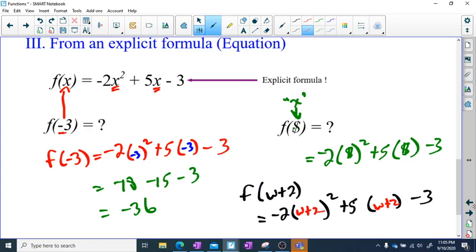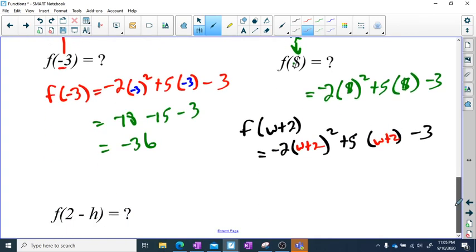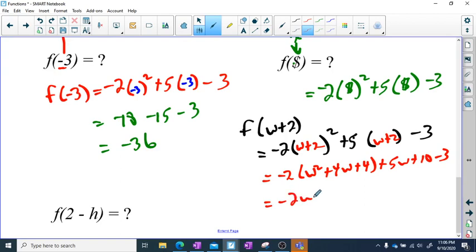And then you could, I'm not going to go through the whole, well, maybe I will. So then you could expand this out and tidy it up and get a look at what it looks like. So it would be negative 2, square your binomial. So you square the first, multiply and double, square the last, plus 5w plus 10, take away 3, negative 2w squared, subtract 8w minus 8, plus 5w plus 10, subtract 3, collect any like terms.